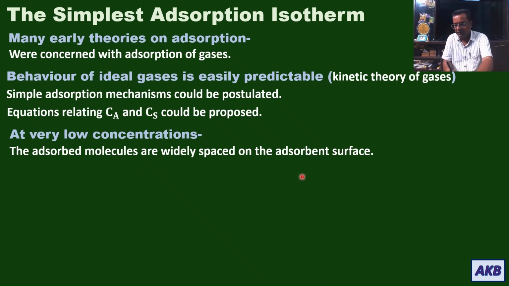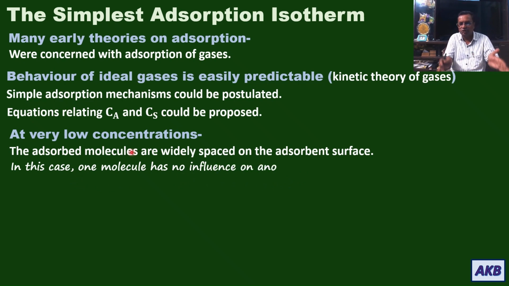I will show you the mechanism. In such a case, one molecule has no influence on another molecule. That means molecules, when they are on the surface of the adsorbent, are not going to interact among themselves.